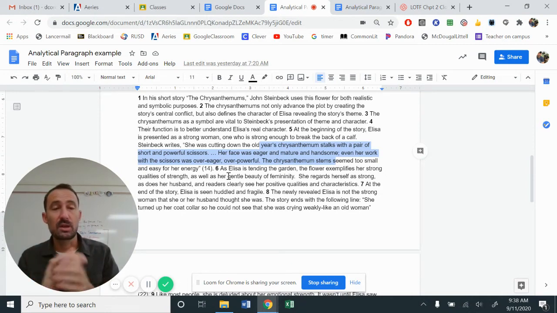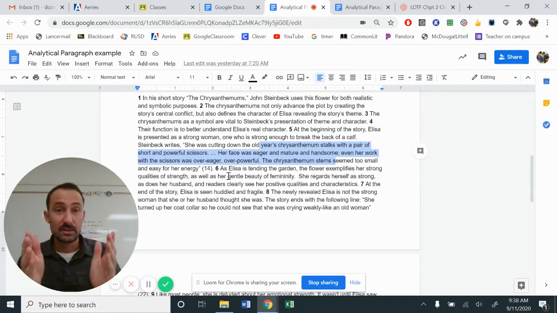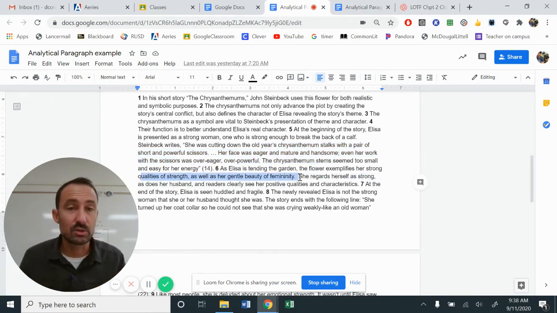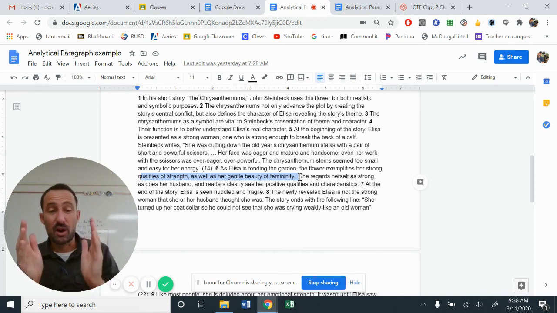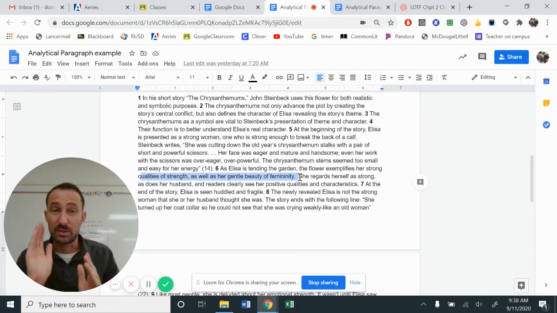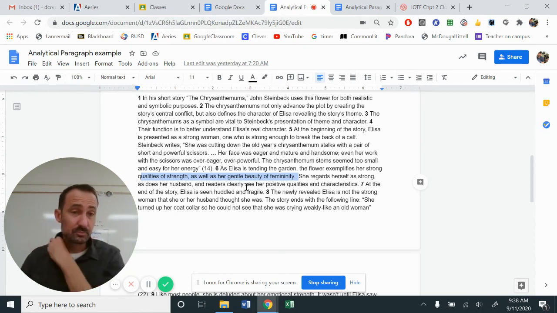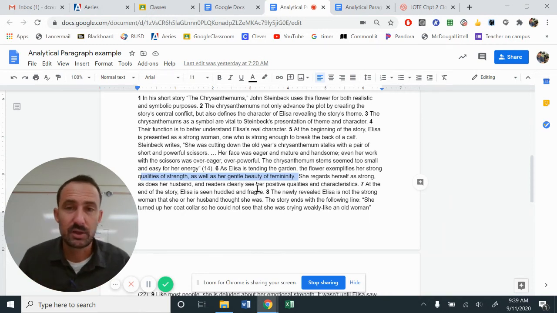If we know that John Steinbeck is saying that the chrysanthemums represent her character, I'm now explaining, here's how they connect. They show her strong ability. They show her strong qualities of strength, as well as the gentle beauty of femininity. So these are very good, beautiful flowers, but they're very strong, right? It talks about them being worked over with scissors, right? As she's in there gardening, okay?